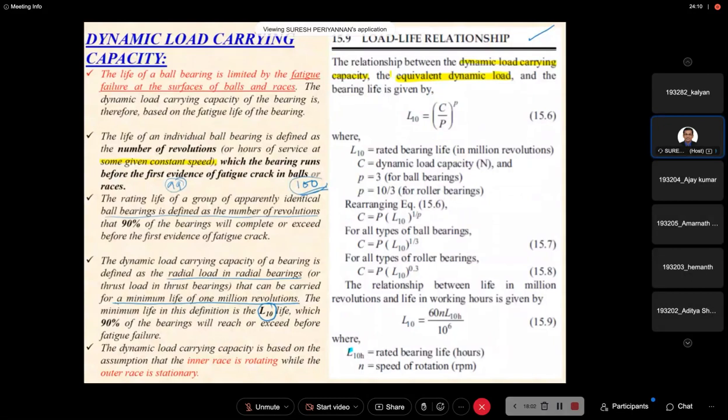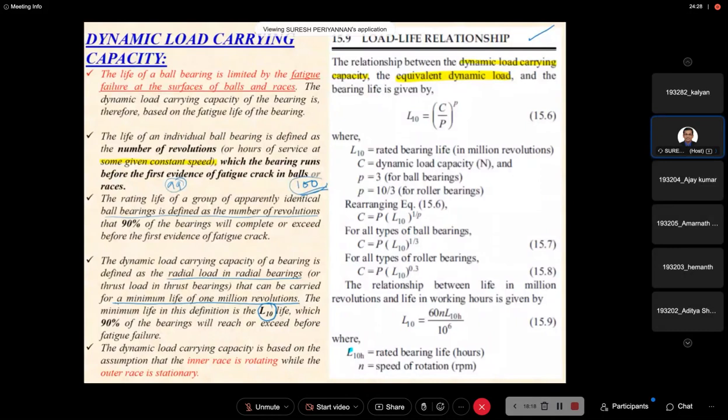The ratio between the dynamic load carrying capacity and the equivalent dynamic load will define our L base 10, the revolutions of the ball bearing.